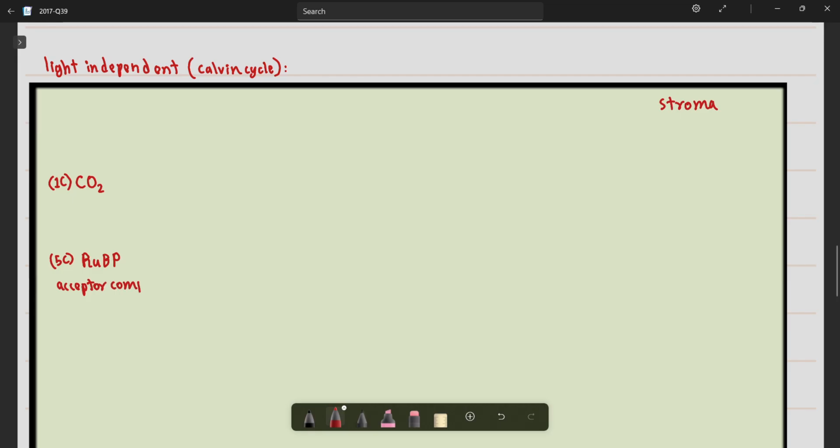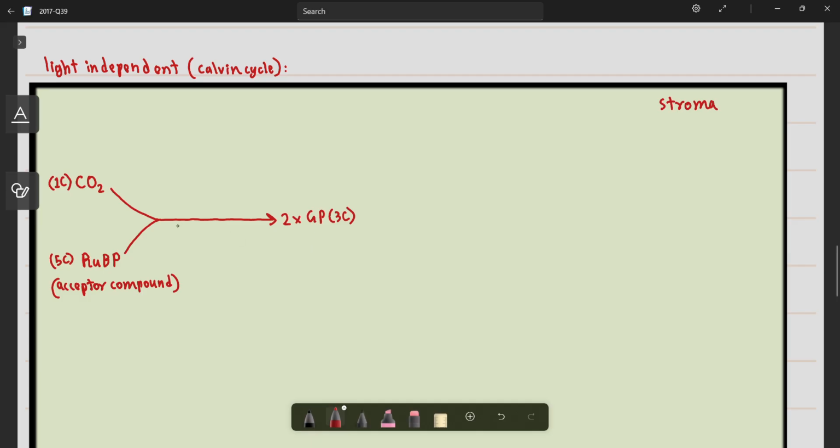What happens here is that these two compounds combine together to form two molecules of GP, which is a three carbon compound. Each GP molecule is a three carbon compound, so two molecules of three carbon compounds are produced.